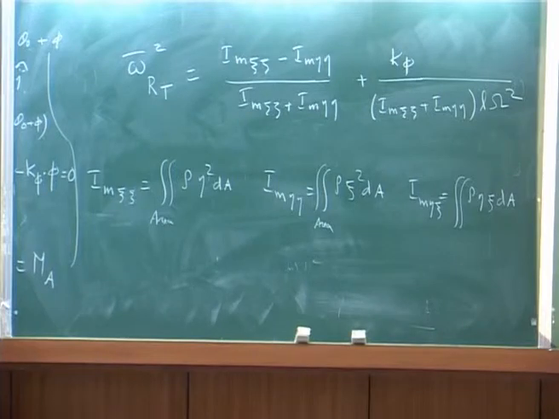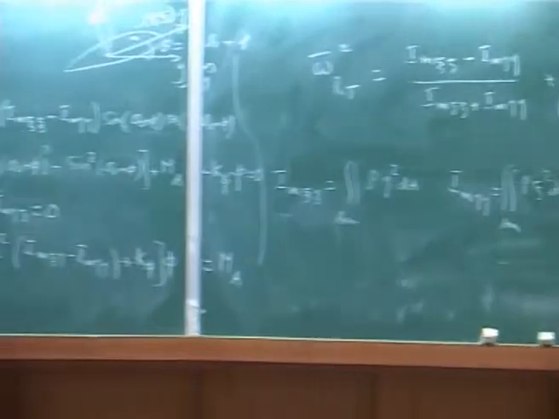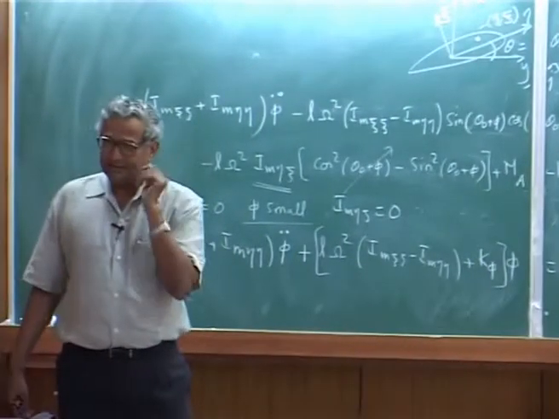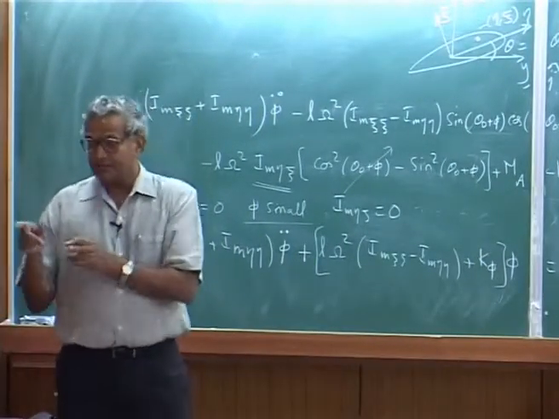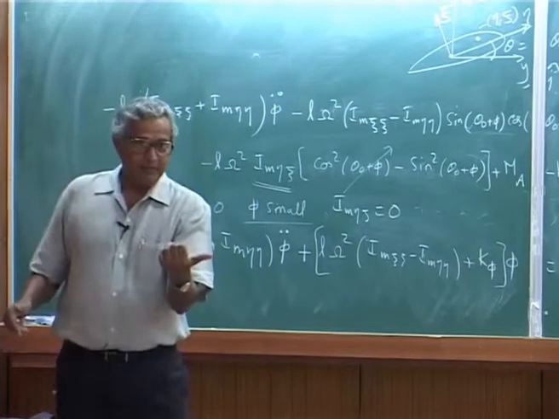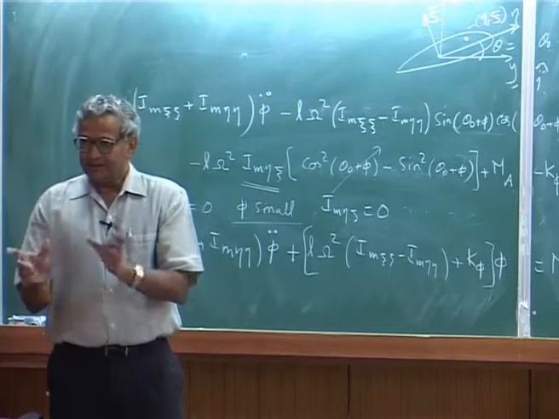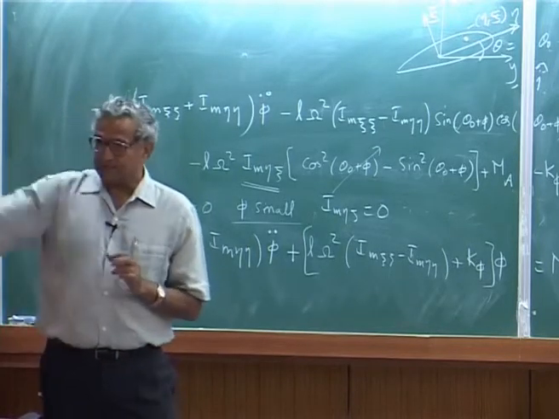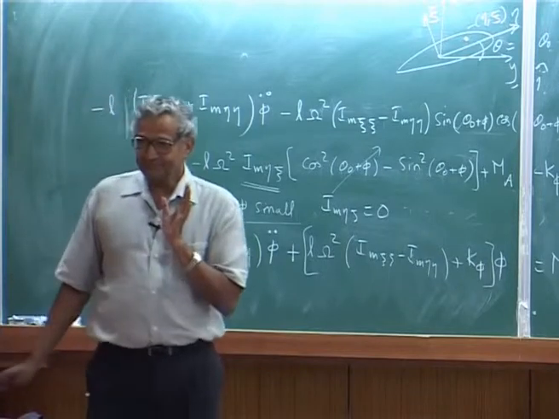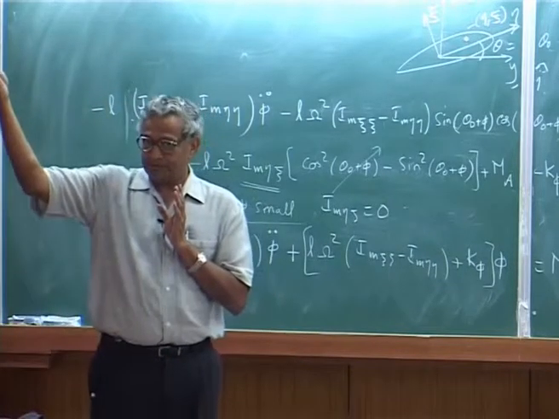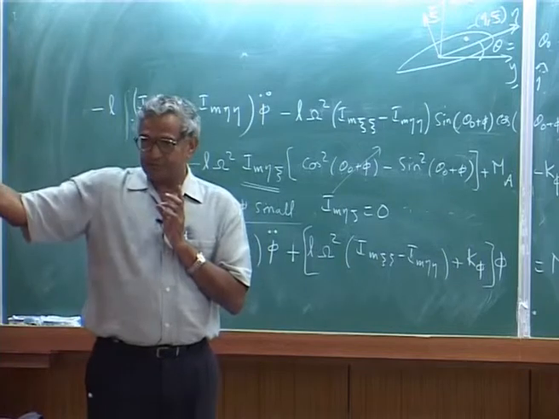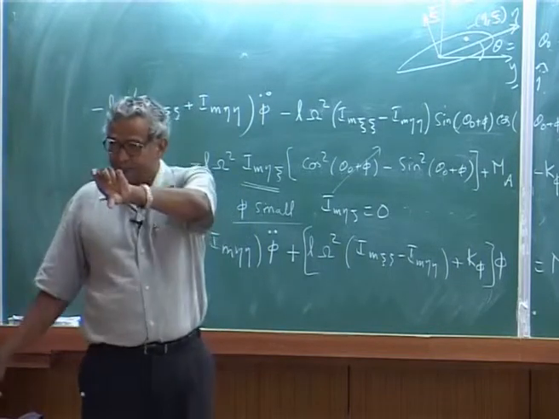Location of feathering axis 25%, that is all. In a rotor blade, they do not want to keep the CG away from the elastic axis, the feathering axis. If you keep the feathering axis separately, aerodynamic center separately, mass center separately, then you will have a lot of coupling, flap-pitch coupling, everything will come, because when you flap up, then the inertia force will be somewhere else, that will give a twisting.